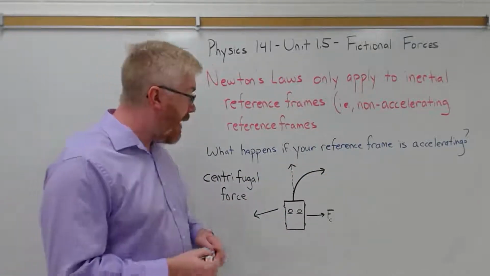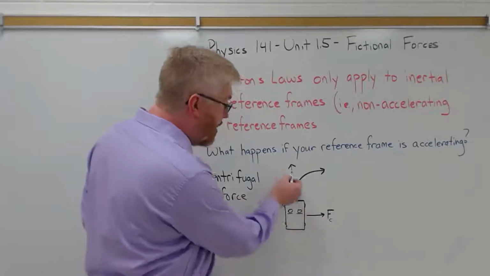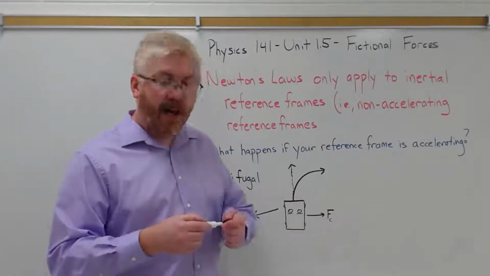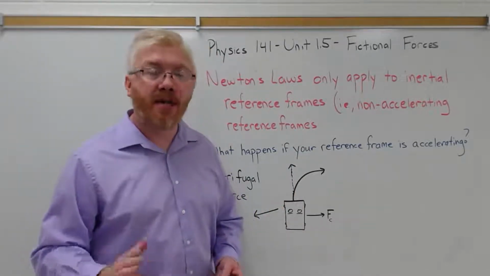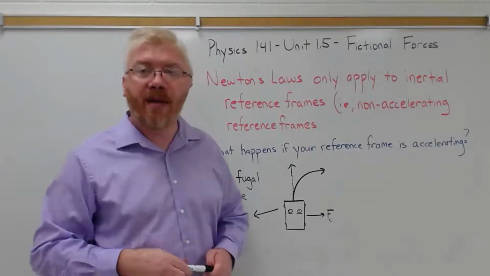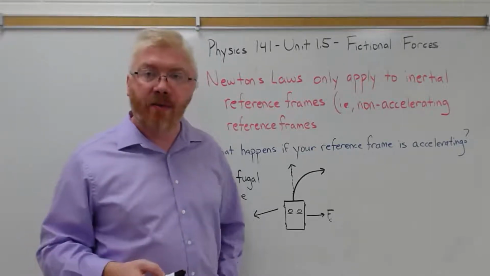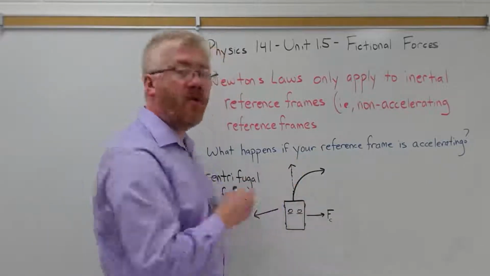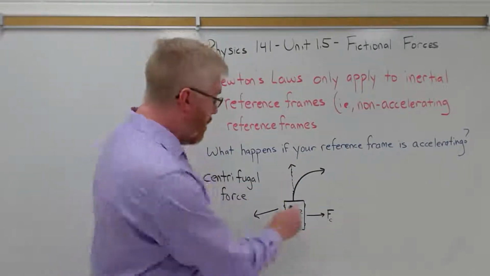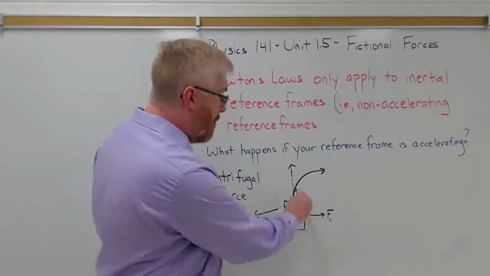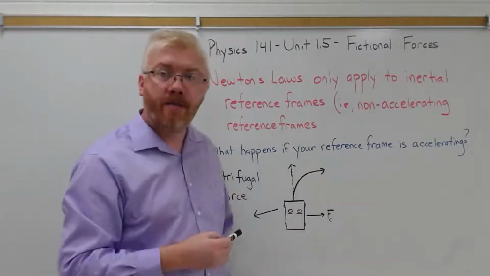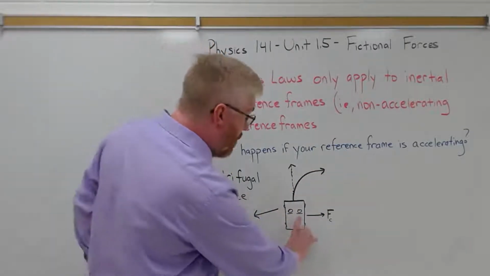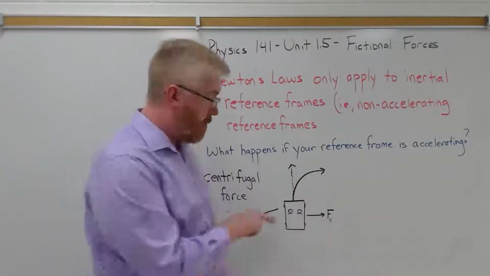What is actually happening is your body wants to go in a straight line, right? Objects in motion tend to stay in motion in the direction they're moving unless acted on by an outside force. Your body and the car want to go straight. The friction from the wheels on the road forces you around this corner.